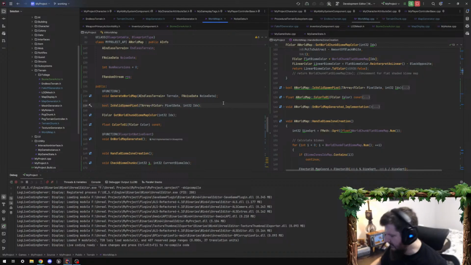Reasons for making the biome stuff its own actor class would be that you can just reference it from anywhere. You can just get actor of class from anywhere. But you could get actor of class for world map, and this biome thing would be a child of the world map.